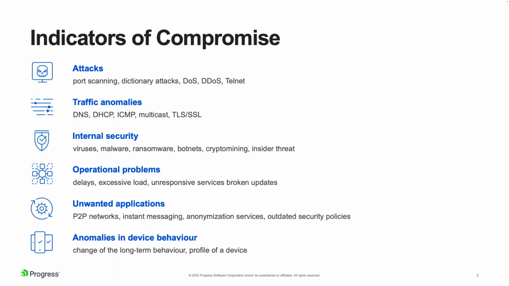There are also unwanted application changes in the behavior of the device, and all of those can help us identify where there is something wrong in the network and if it can be malicious, so we can focus on it.